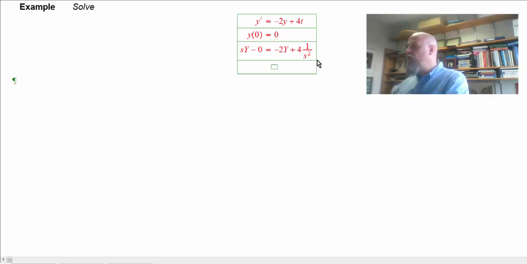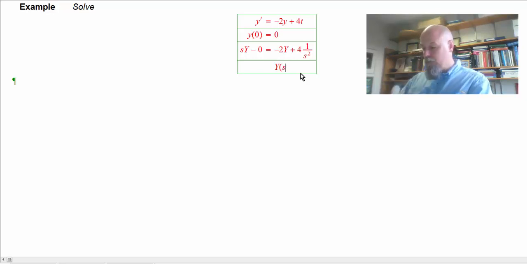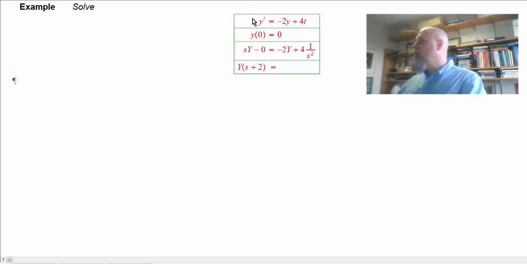All right, now I'm in the Laplace world. The next part is solve for Y. So when I solve for Y, bring this piece over to the other side, factor out a Y, equals 4 over s squared.